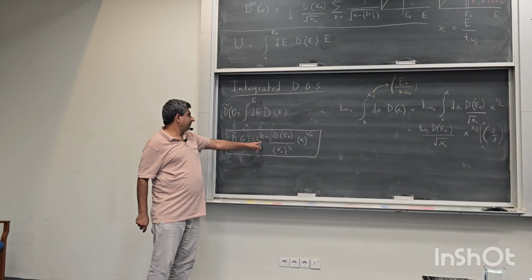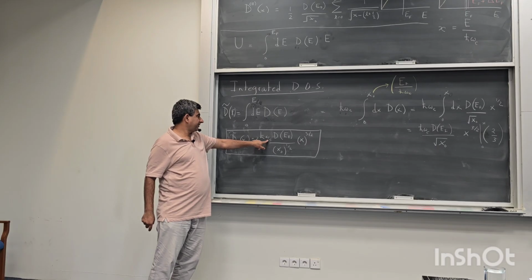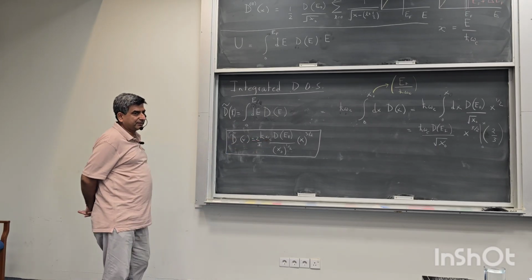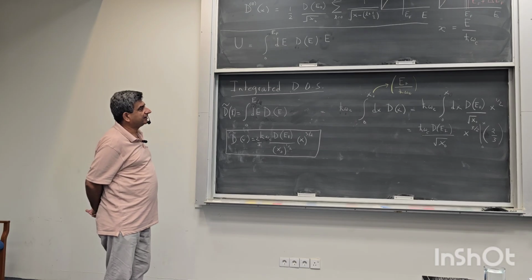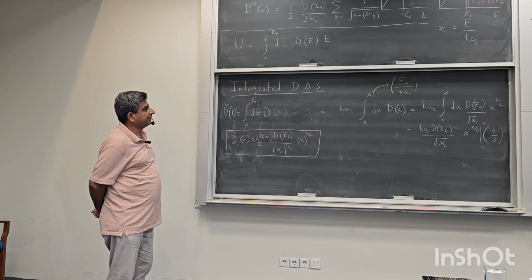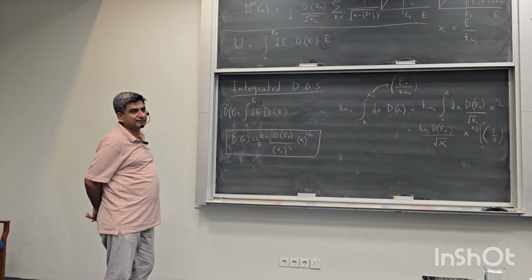Now I want to re-rationalize this h bar omega c and write this in terms of energies. So h bar omega c can be written as E over x as well.